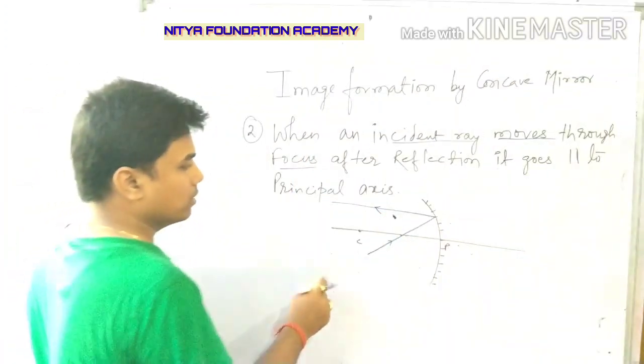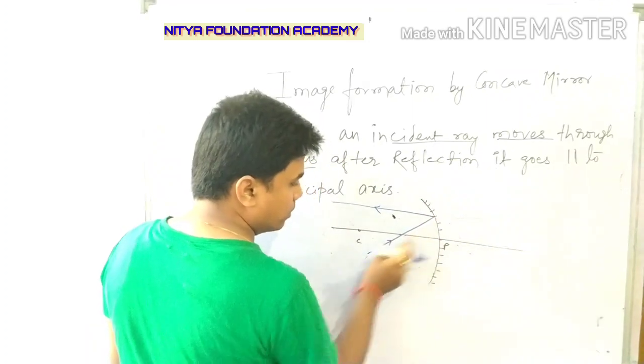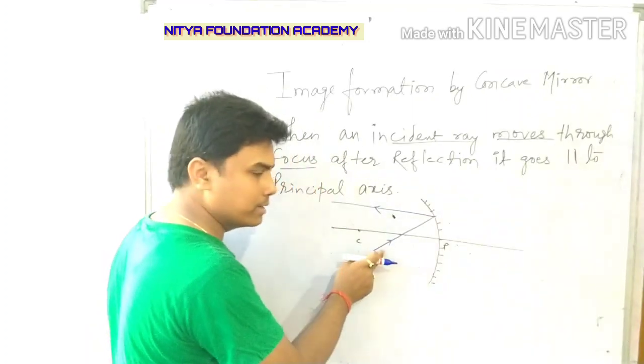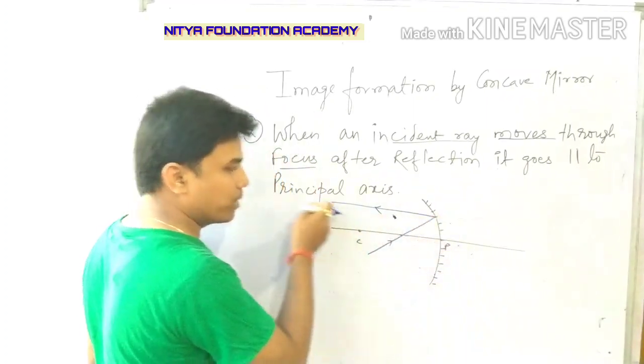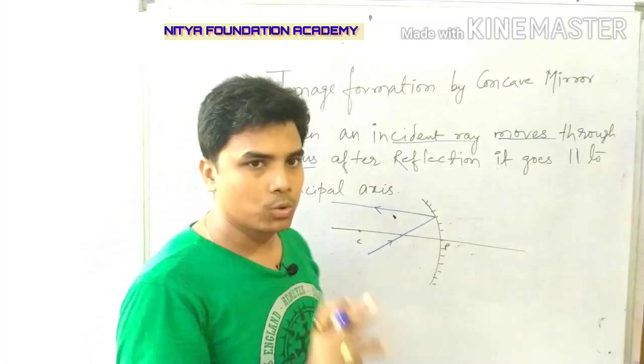You can see here, this ray which we made is an incident ray, and after reflection it moves parallel to the principal axis. So it is rule number 2.